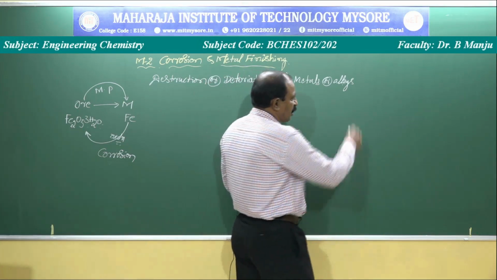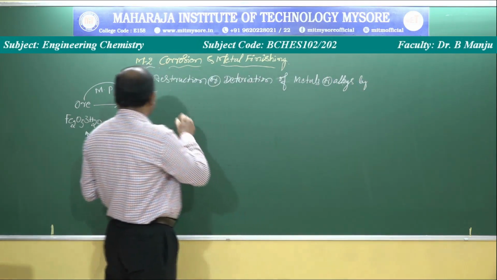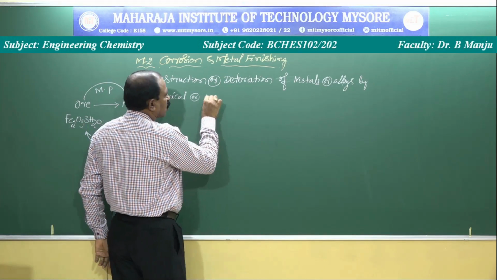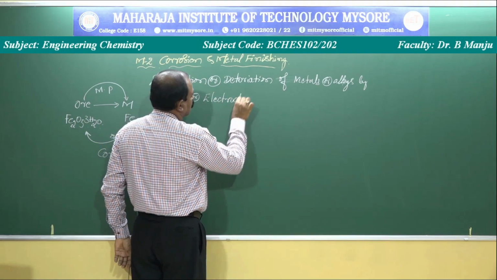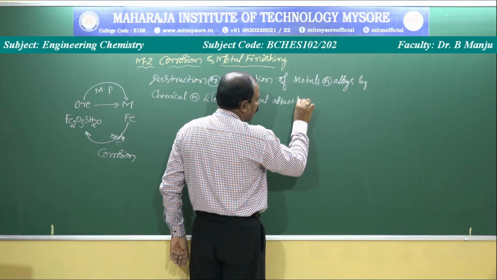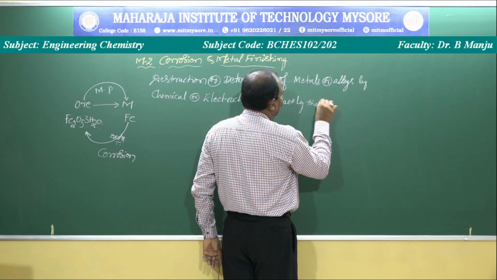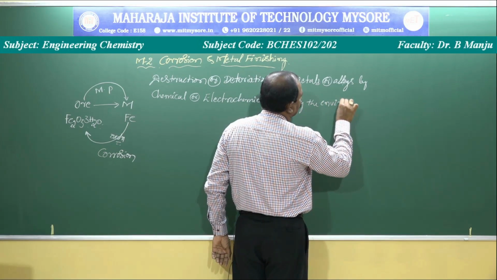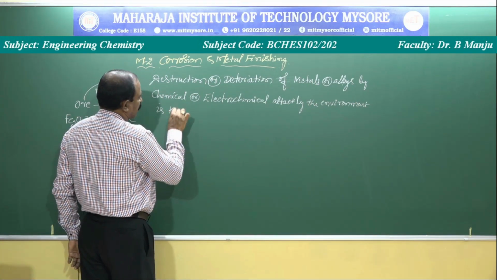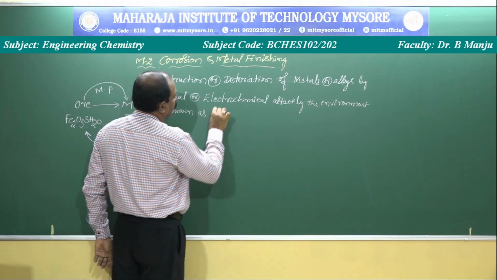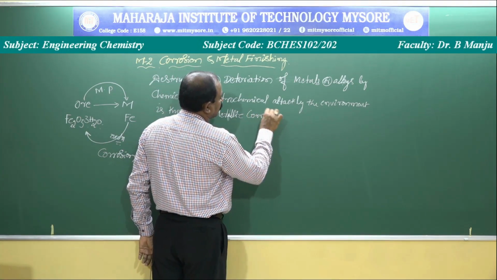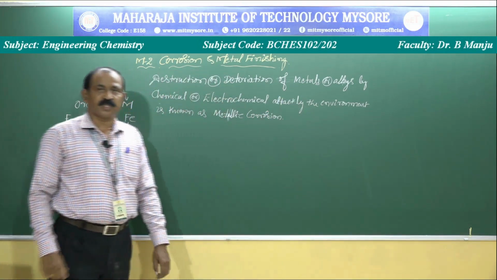Destruction or deterioration of metals or alloys by chemical or electrochemical attack by the environment is known as metallic corrosion. Now that is the actual definition of corrosion.